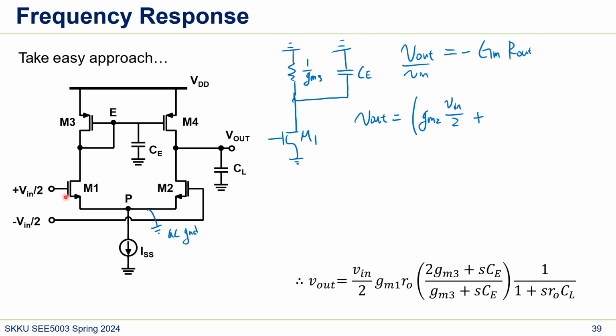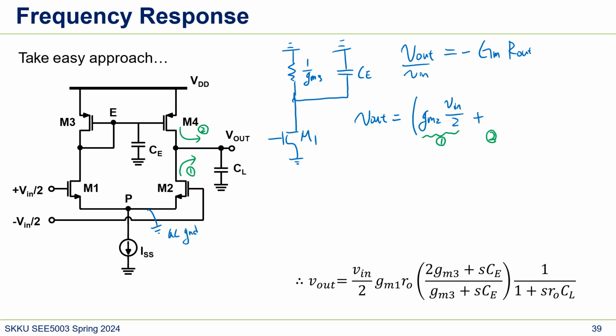The other part is from this M1. If this M1 voltage changes by V in over 2, then current increases, and that will mirror to this M4, and then that will make current. So what we're doing here is the current from here and current from here. This would be 1, and then we're going to calculate 2.